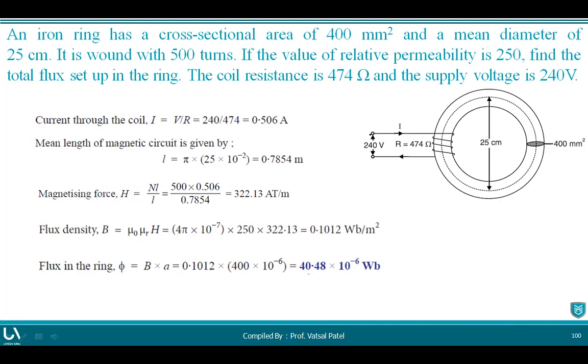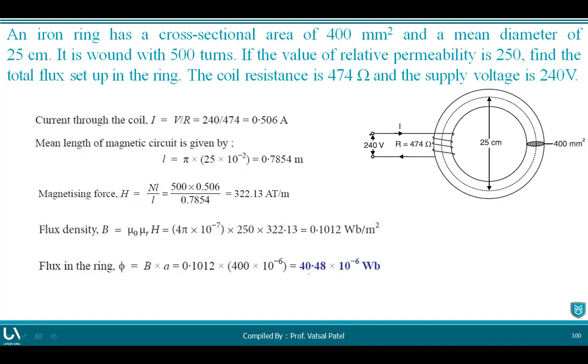So it is written as 25 into 10 raised to minus 2. Now the total or mean length is equal to 0.7854 meter. Till now the length was directly given to you, but in this case the mean diameter is given because you have a ring here.